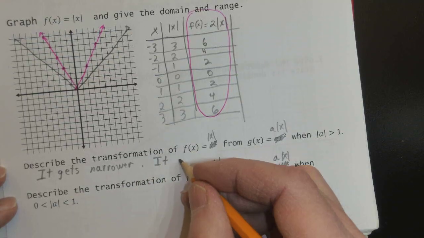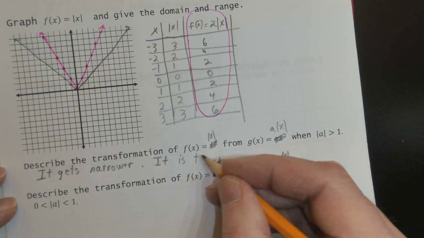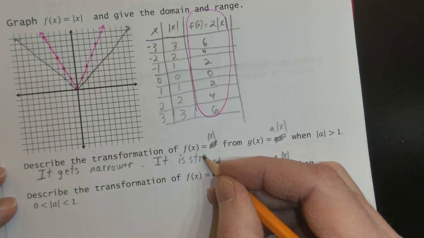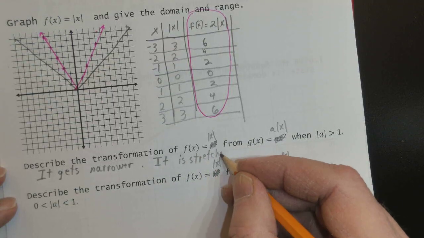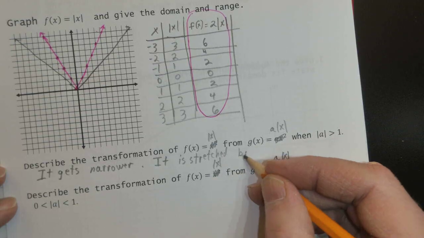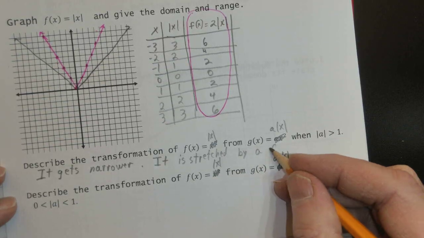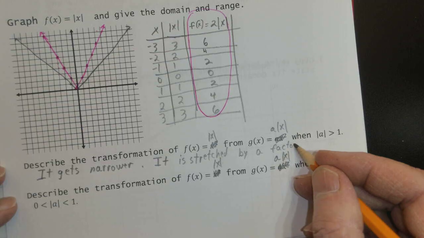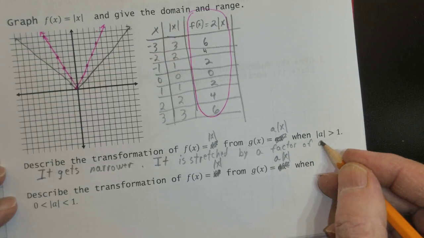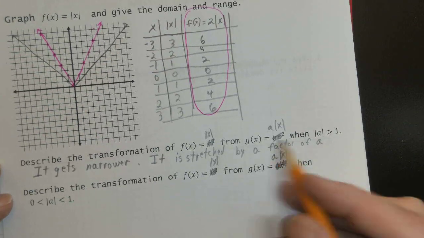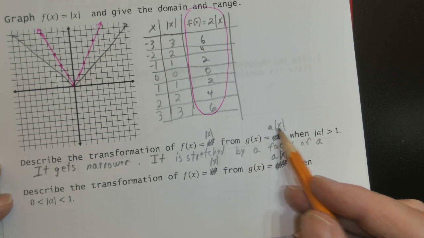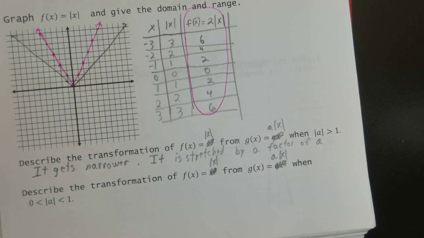And literally what is happening is that makes it stretch. So it is stretched by a factor of A. That A is that number in front of the absolute value. So it's getting stretched. All right?